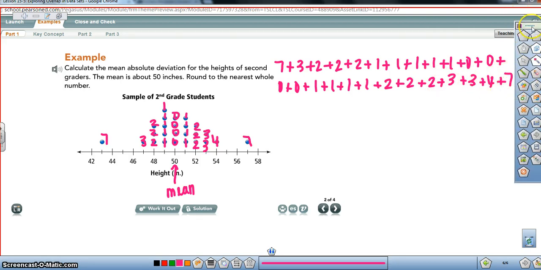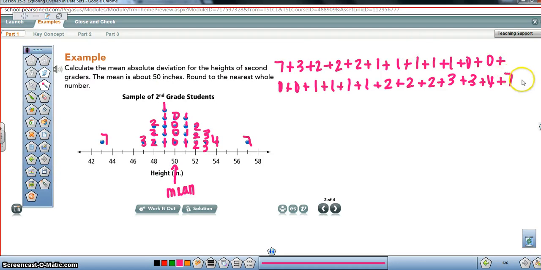That's a ton of data values. Okay, so this is how far each one of them is from the mean. So we got to add them all up.